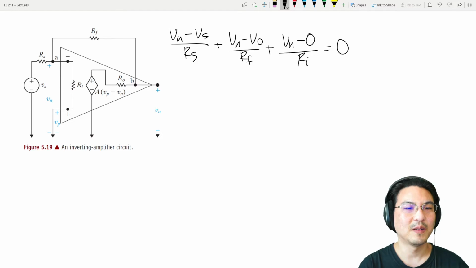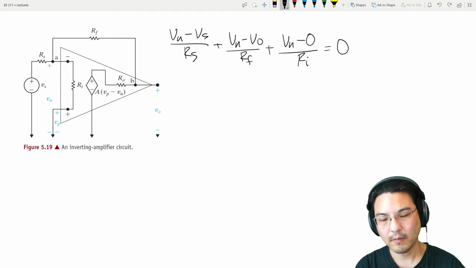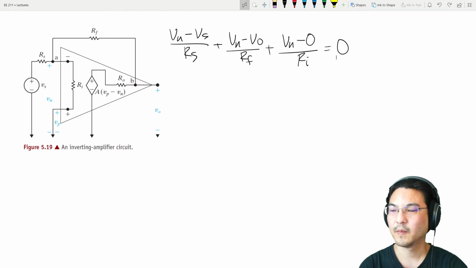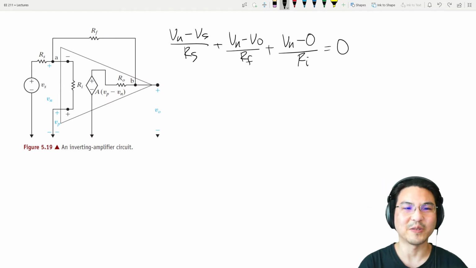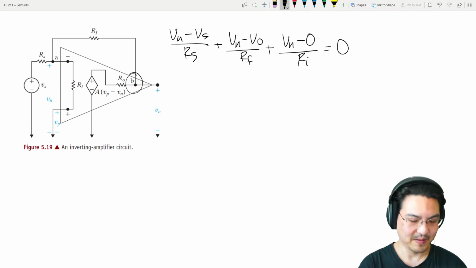Okay, now there's also an essential node here. Well, technically this is not an essential node. So let's just use Ohm's law or KCL here.